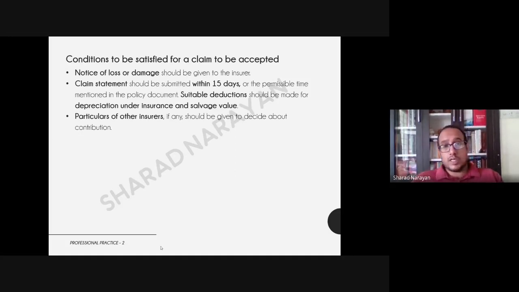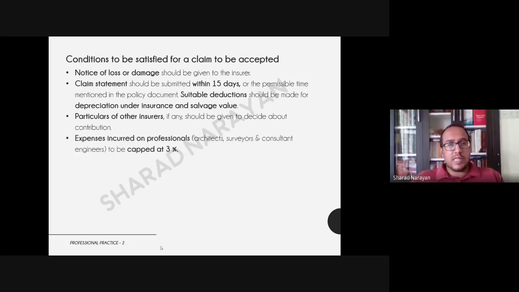Particulars of other insurers, again, we talked about contribution over here. That has to be decided, that has to be found out. Then expenses which are incurred on professionals, basically architects, surveyors, consultant engineers, are capped up to 3% of the sum insured.